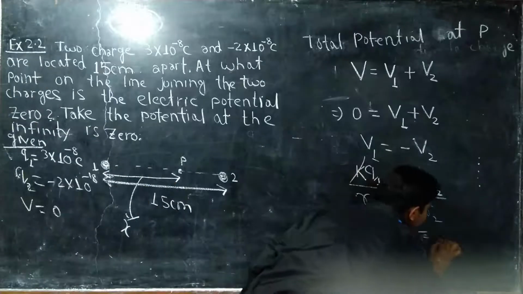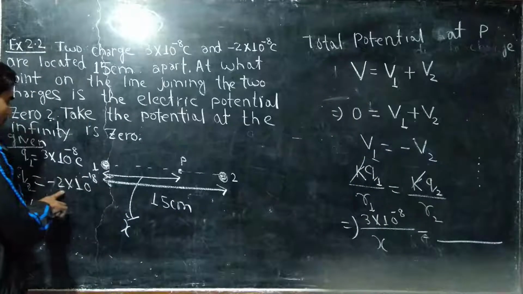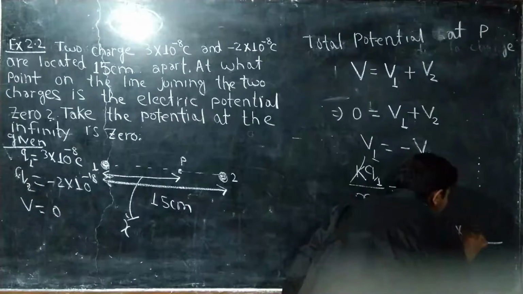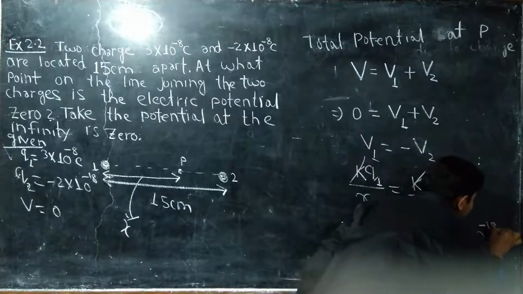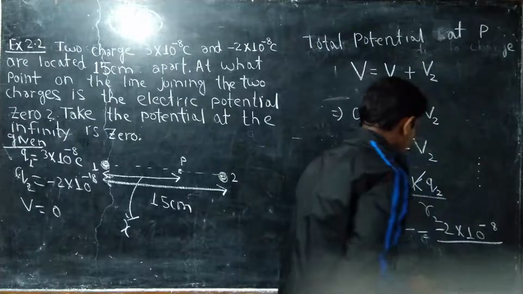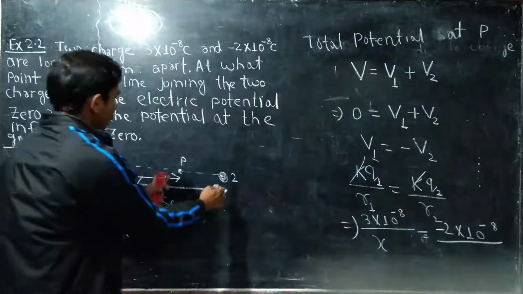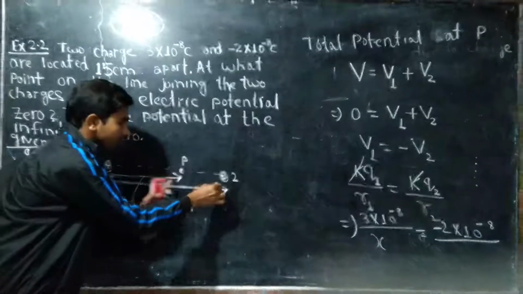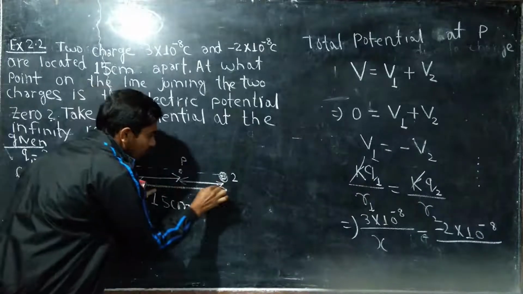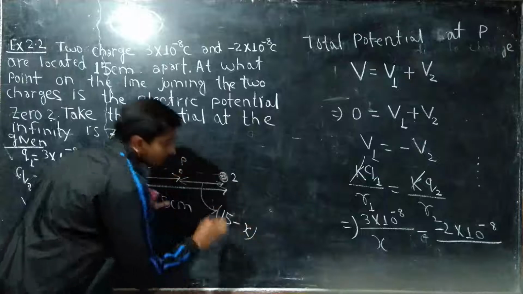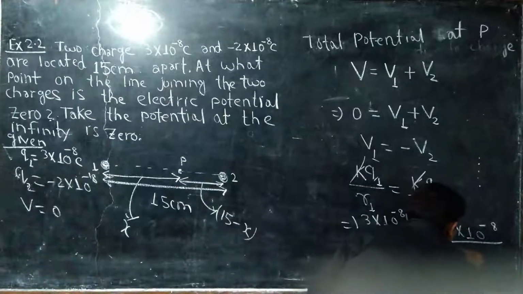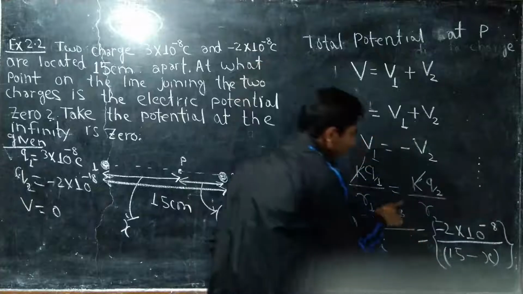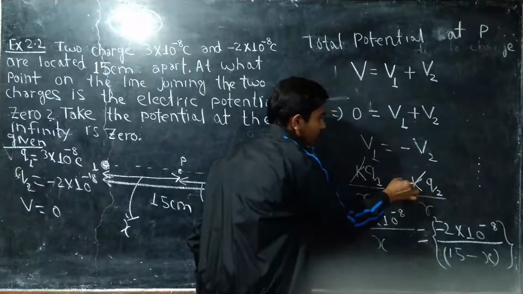So X is equal to, Q2 is how much? Minus 2 into 10 to the power minus 8, okay? And this separation is how much? Total is 15, so this separation is 15 minus X. Now you can see 1 minus is already present here, no?